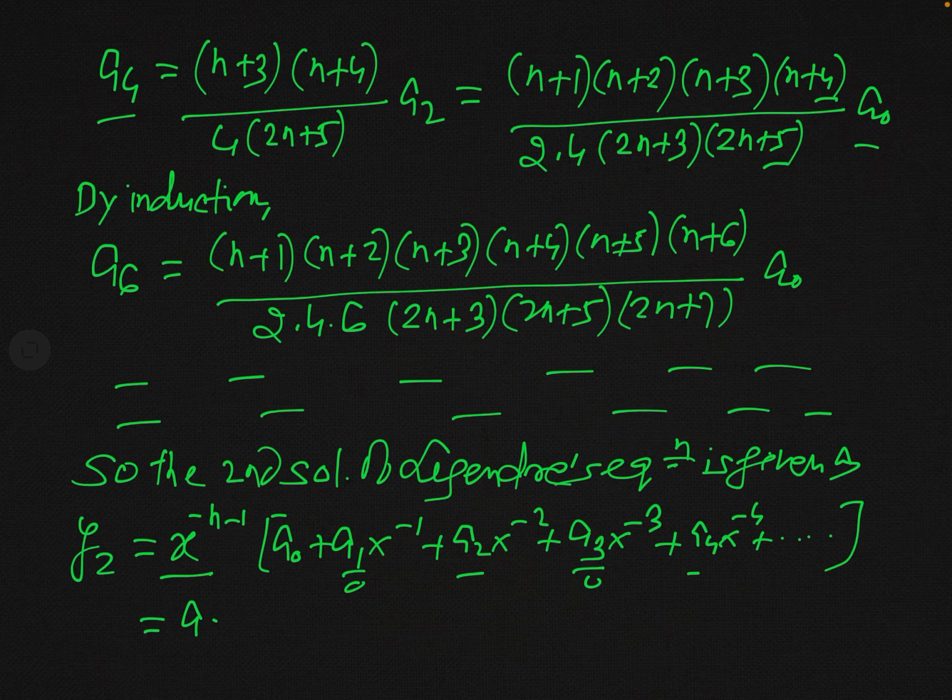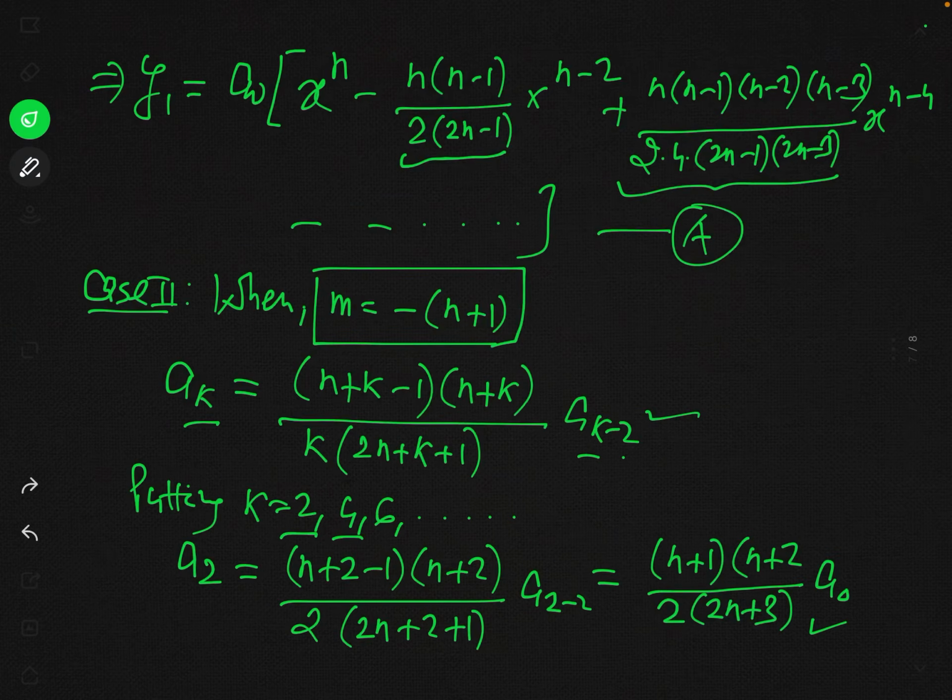So after that you can see our result will be what? This will be simply a naught common, and our result will have only 1 in the first term. So this will be x to the power -n-1 plus a2, whose value you can see here.